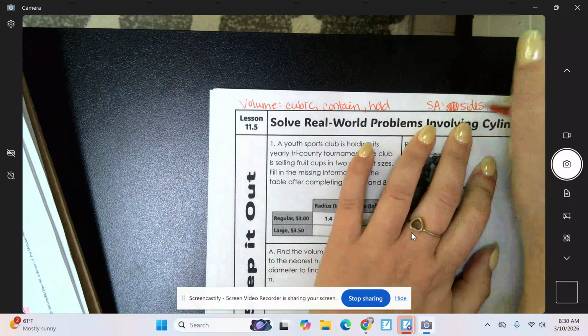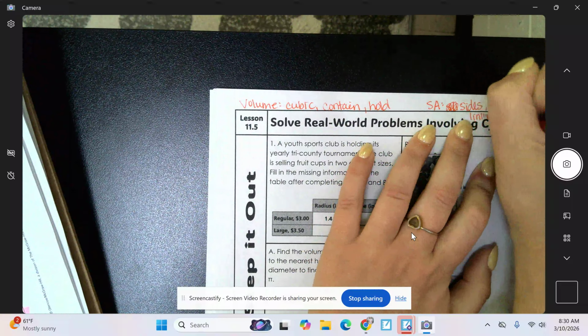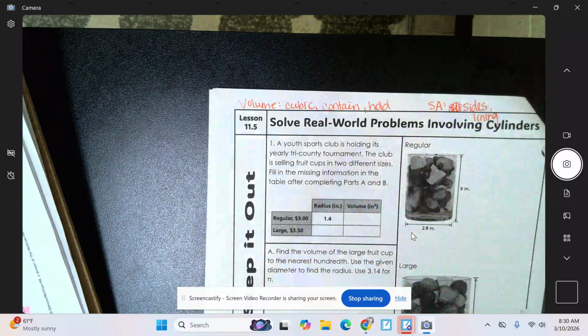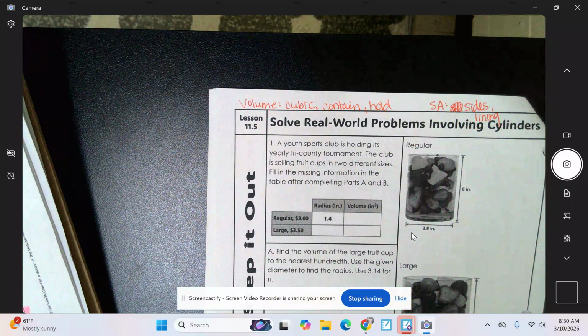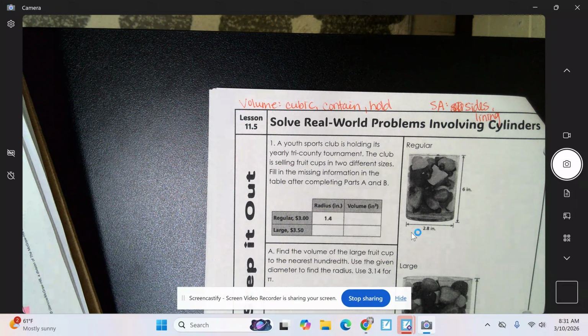If we're lining something, like, y'all ever put tinfoil in a pan before? You put it all around so that the stuff doesn't stick or that it cooks good. When you're lining a cooking sheet or a pan, you're doing the surface area of the pan. That's surface area. Now when you put the stuff in the pan and you're packing it in there, that's volume.